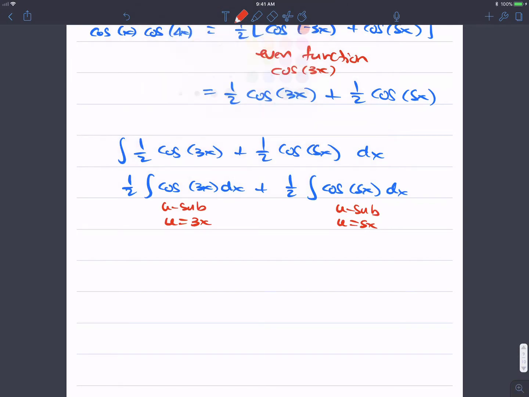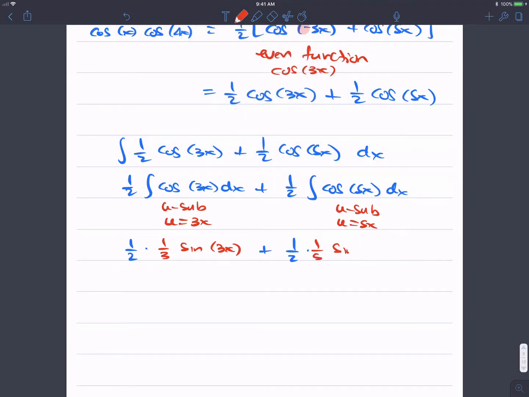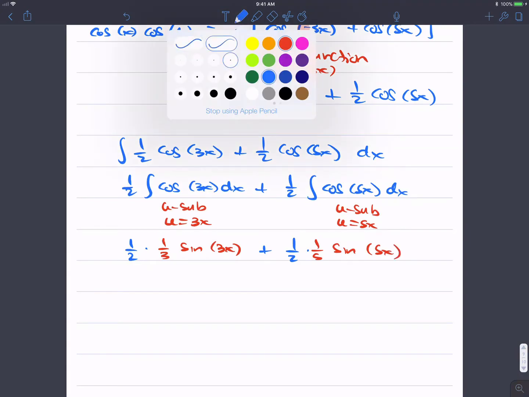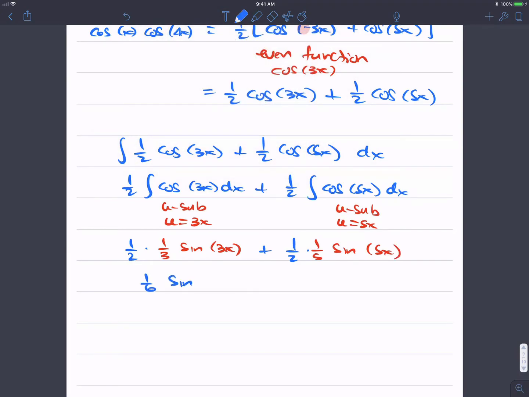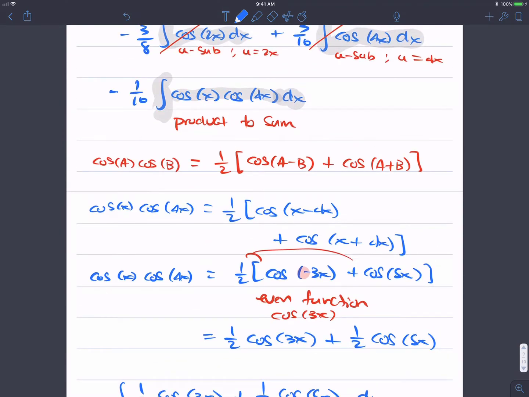So those integrals now become 1/2 times 1/3 sine 3x plus 1/2 times 1/5 sine 5x, which gives you 1/6 sine 3x plus 1/10 sine 5x. This is the integral that we replace here.